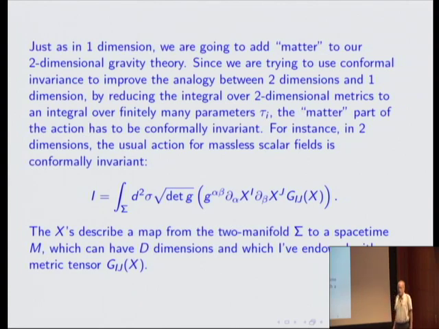The same action we had in one dimension promoted to two dimensions in the obvious way, except in one dimension we could have a cosmological constant, and here we can't because it violates conformal invariance. The cosmological constant corresponded to an arbitrary mass for the particle. Here we can't have an analog of an arbitrary mass because it would violate conformal invariance.